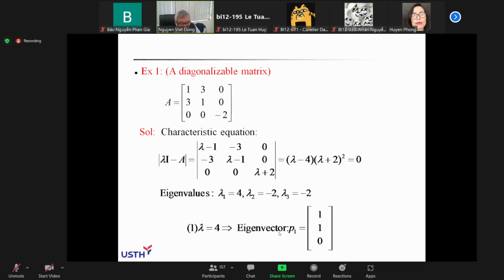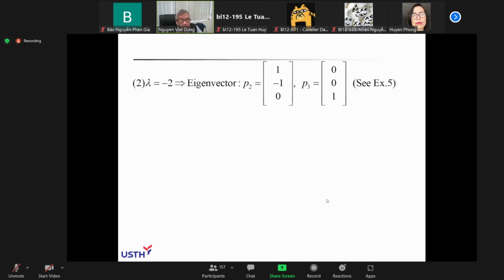And for lambda equal 4, you get the eigenvector like that one. For eigenvalue -2, you find two eigenvectors, P2 to be that and P3 to be that.